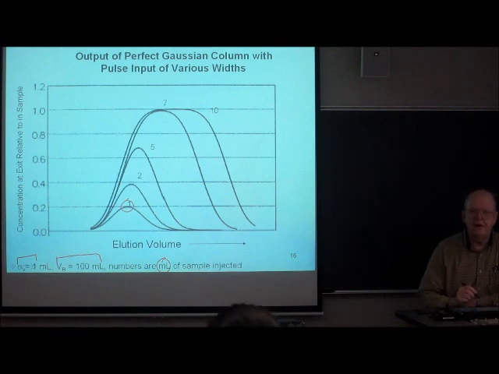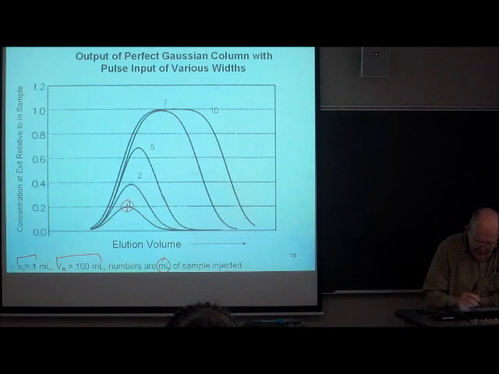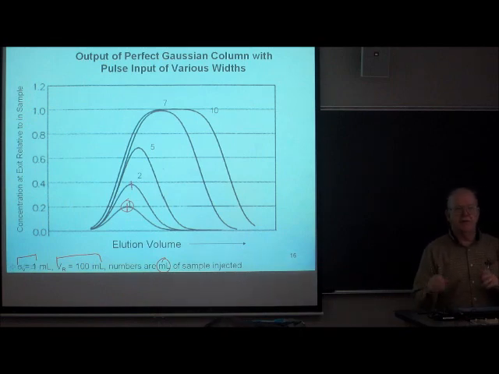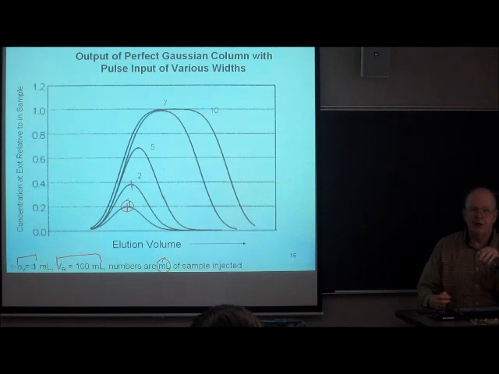If you look at these two peaks carefully, there's the maximum and there's the maximum. This second maximum is actually shifted out a little tiny bit. And if you were to put a ruler on this, you would see that the half width of the second peak is a little wider than the half width of the 1 ml peak.